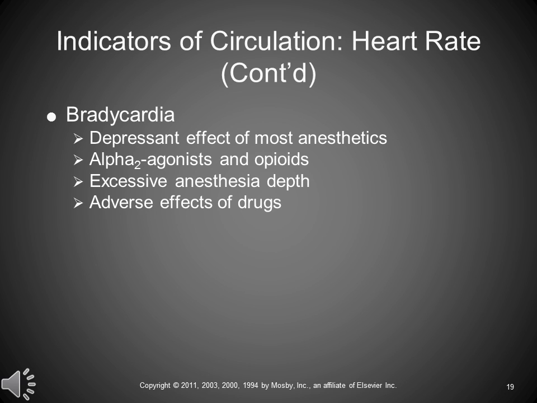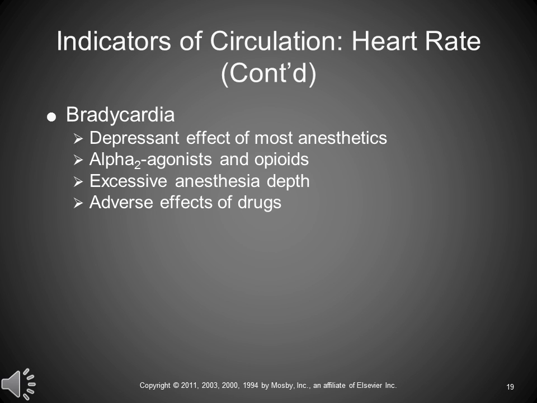If we end up with a patient that is bradycardic, heart rate way too slow, number one, it can be the depressive effect of most anesthetics. We may just be too deep. Or we may have used drugs that were bradycardic and we didn't use an anticholinergic to keep that heart rate up. The alpha-2 agonists especially cause bradycardia, opioids to a lesser degree.